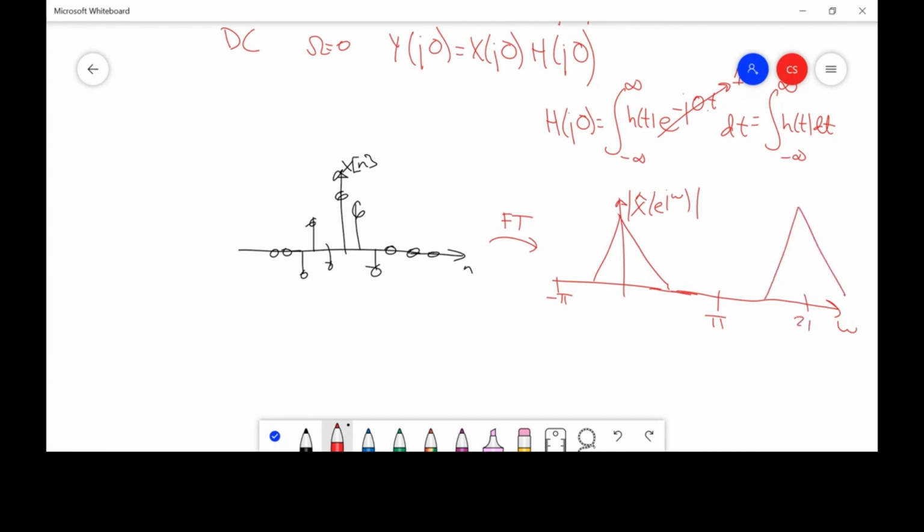At 2 pi it is repeated, and at 4 pi and 6 pi, and on the other side at minus 2 pi, minus 4 pi, and so on. Normally we like to think of the Fourier transform in this region. But if I tell you the Fourier transform in this other region, I'm giving you exactly the same information, only that omega here goes from minus pi to pi, and here omega goes from 0 to 2 pi.